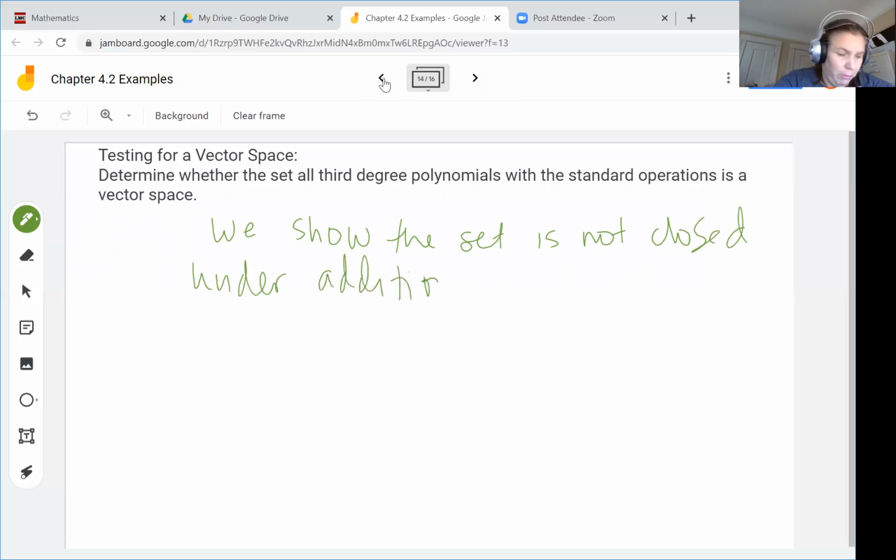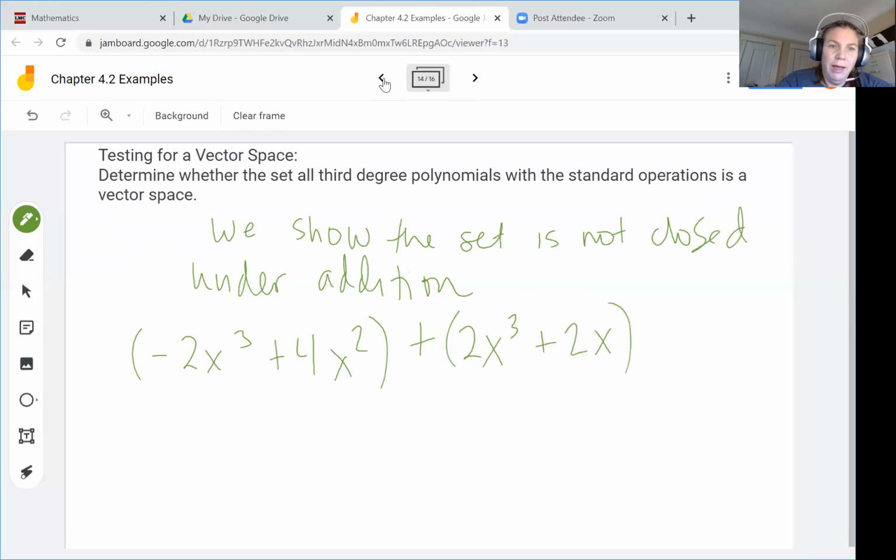So for example, I can pick negative 2x cubed plus 4x squared, and then add that to positive 2x cubed plus 2x, and my x cubed terms cancel out, so I'm left with 4x squared plus 2x, which is not a third-degree polynomial.